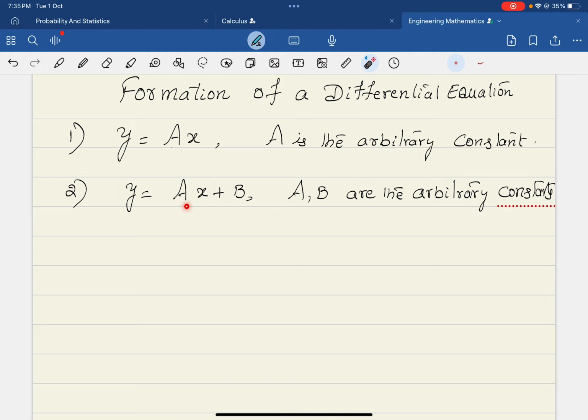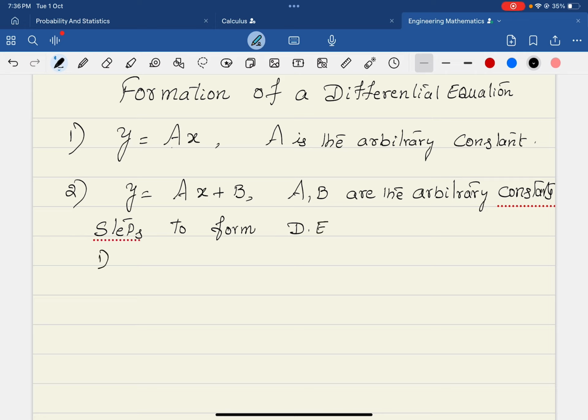In this example, you have two arbitrary constants, so we need to differentiate two times to eliminate them. Let us now see the steps to form a differential equation.